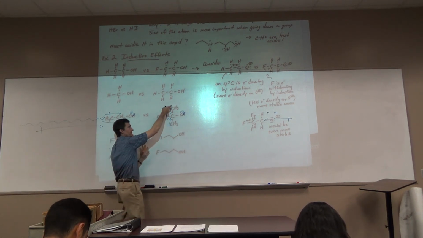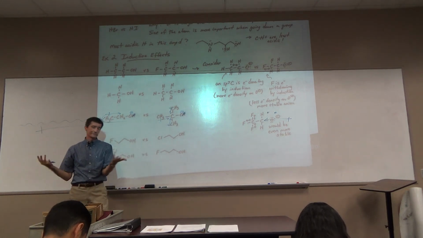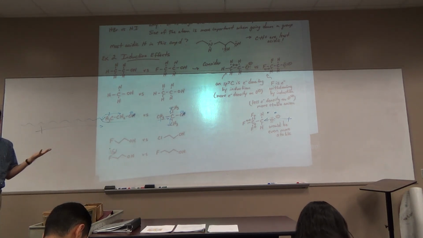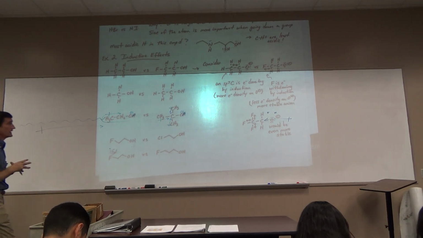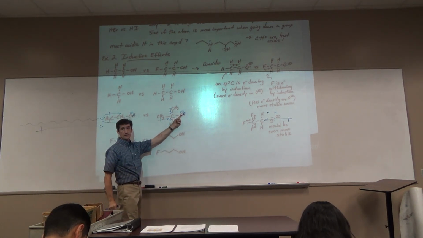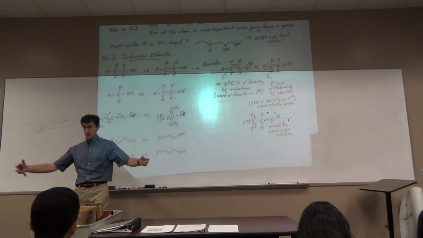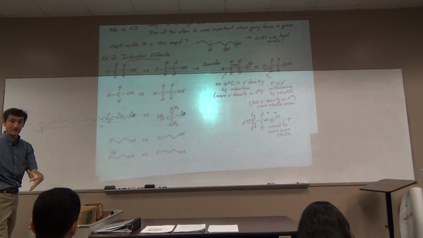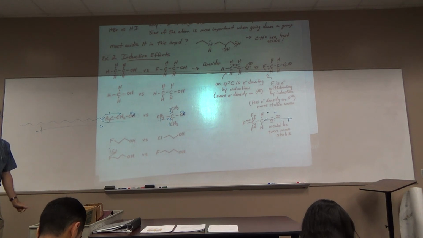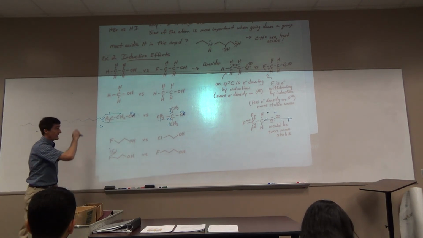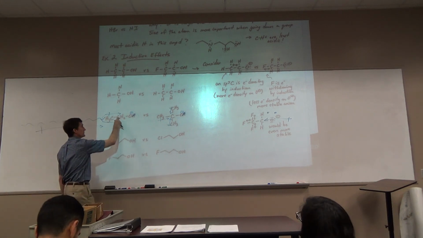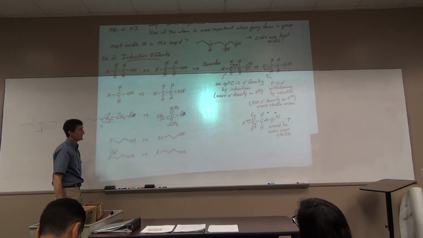The branching acts like 3, so simplistically stated, it could be like 3 different levels of donation. Is that going to stabilize the minus? You're a minus, and we've got 3 people just pumping electrons in. That's bad. It's not going to stabilize you. By default, this one is more stable. That one's worse off. This one's more likely to become minus.